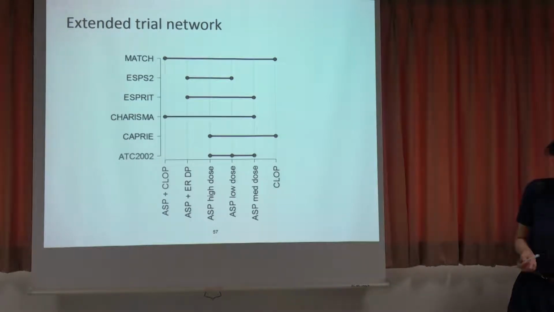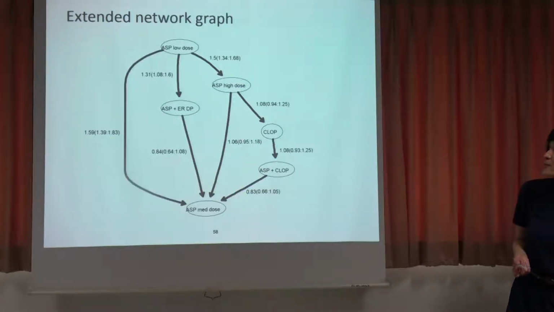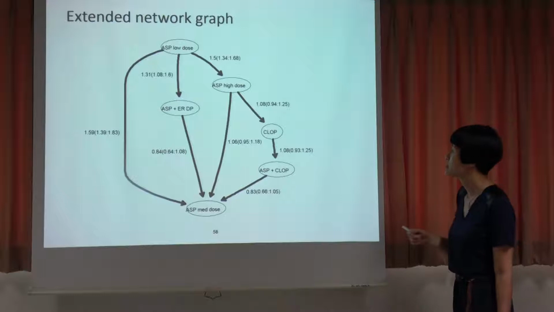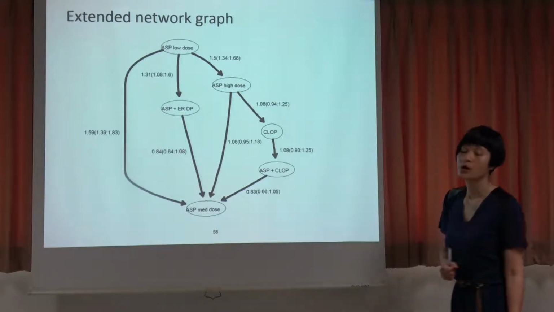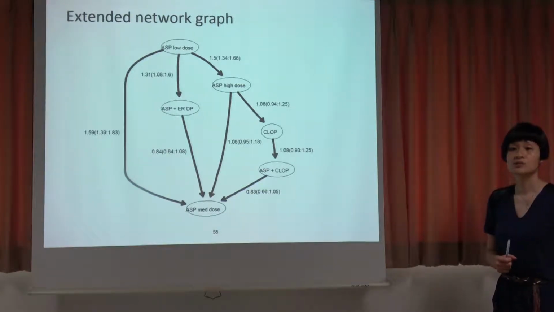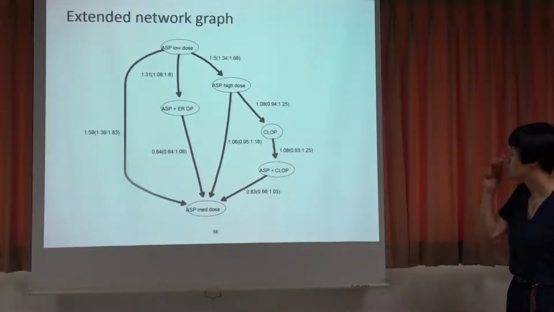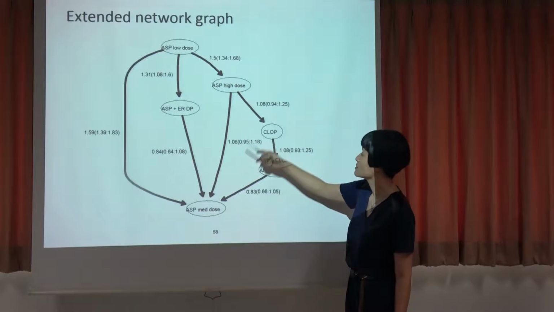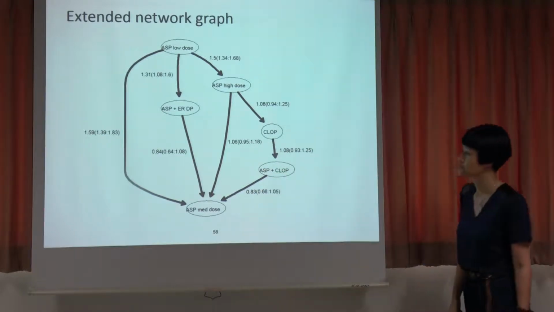If we look at the network and take into consideration the dosages of the aspirin being compared, this is the network you can draw based on the trials, based on that diagram that I've shown you. And here are the direct estimates that the trials reported.